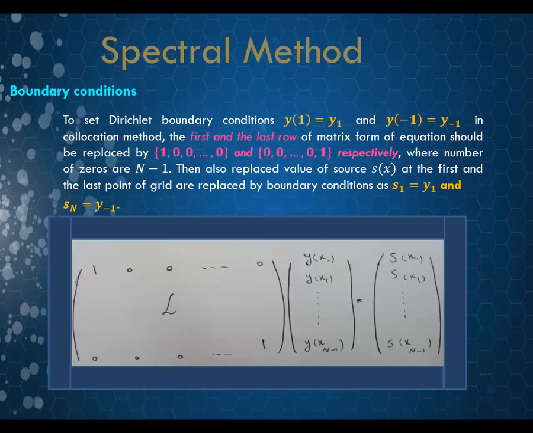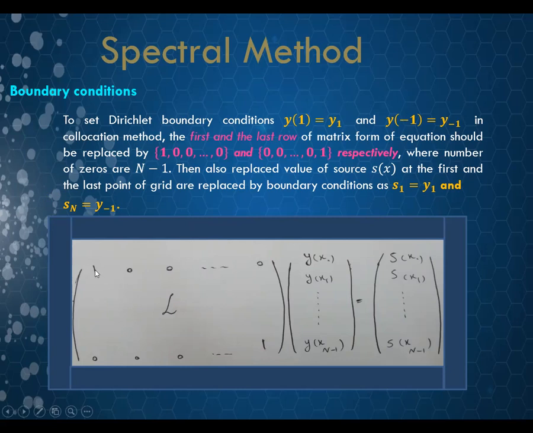The important point is applying the boundary condition in this method. To apply the boundary condition in the collocation method of the spectral method, we replace the first row and the last row of the operation matrix by this form.